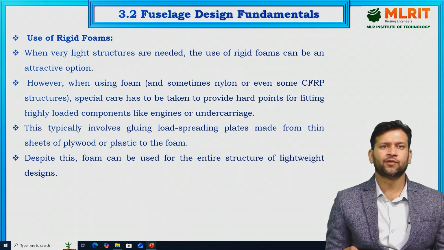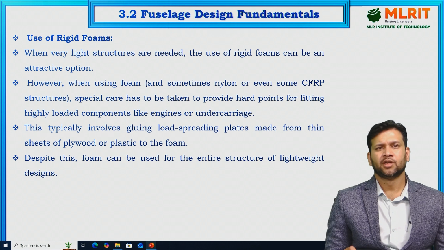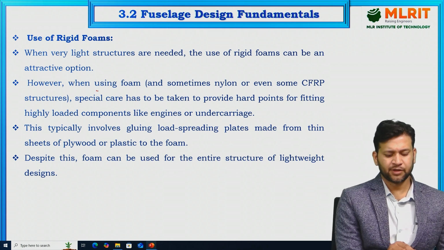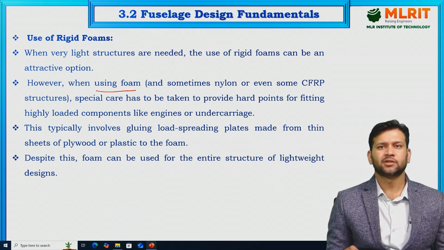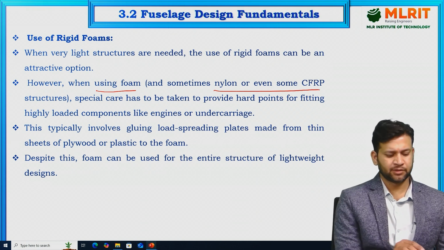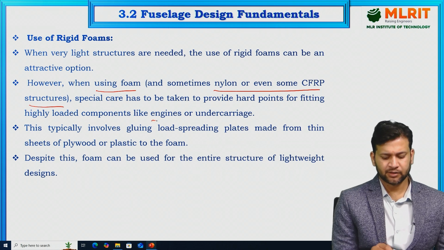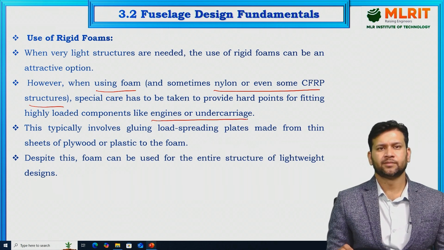Use of rigid foams. When very light structures are needed, the use of rigid foams can be an attractive option. However, when using foam and sometimes nylon or even some CFRP structures, special care has to be taken to provide hard points for fitting highly loaded components like engines or undercarriage.